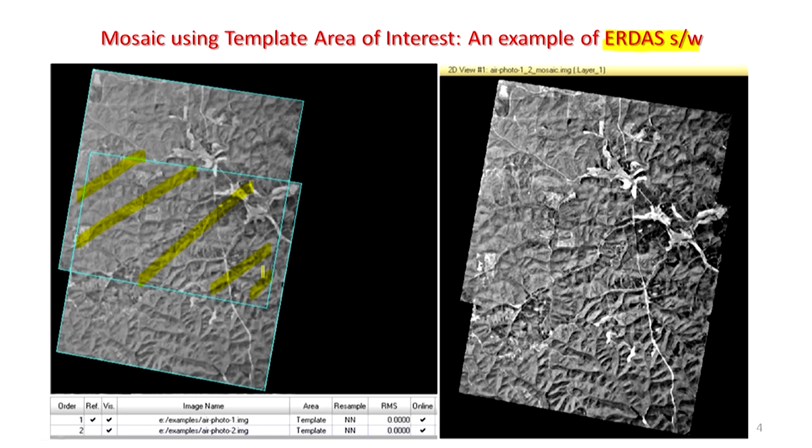Like in this one, the one at the bottom can have the pixel values in that overlapping part, and on the right side this is what we are seeing, a mosaic.